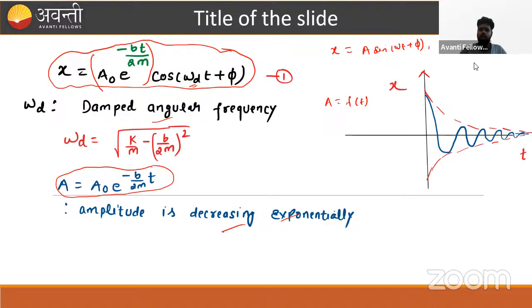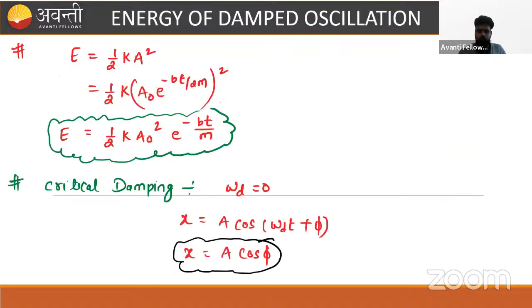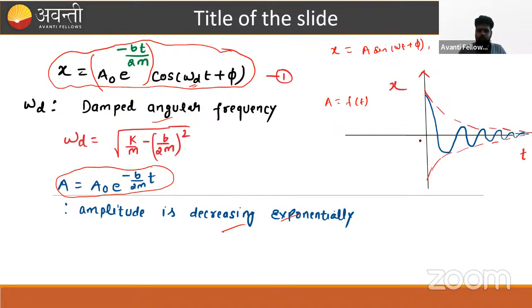In this diagram, at t equal to 0, the amplitude is maximum. But after some time, the amplitude continuously decreases, and at some time it will become 0. Actually, this equation is a mixture of a sinusoidal function and an exponential function.